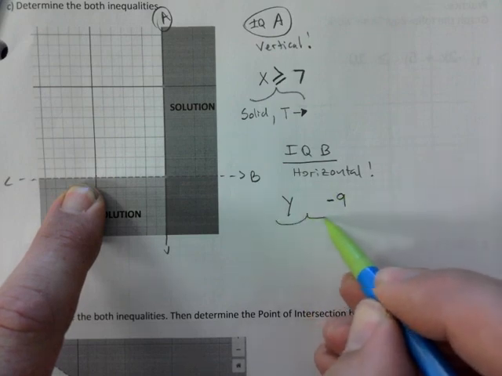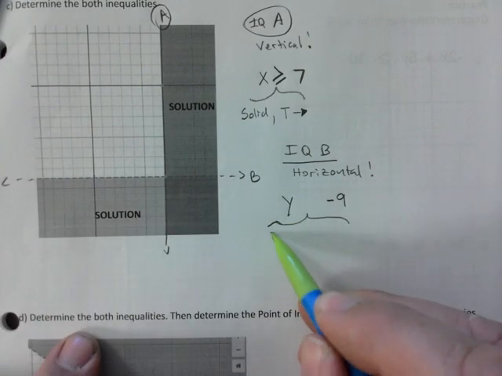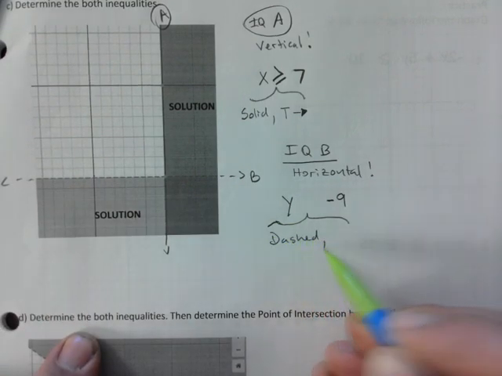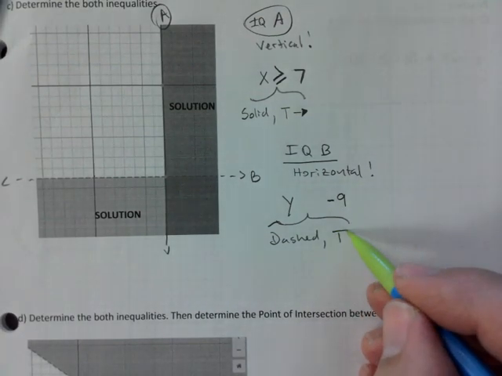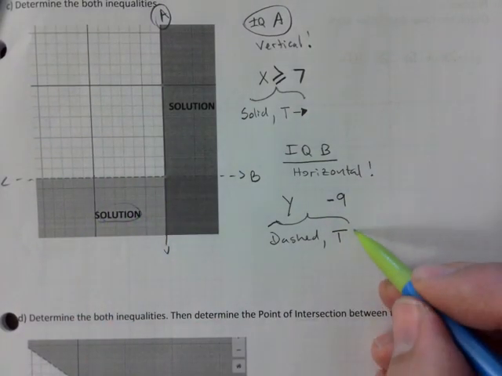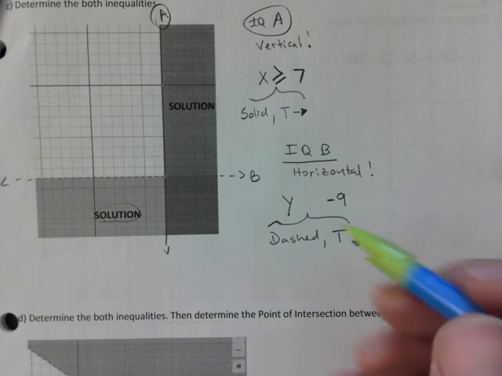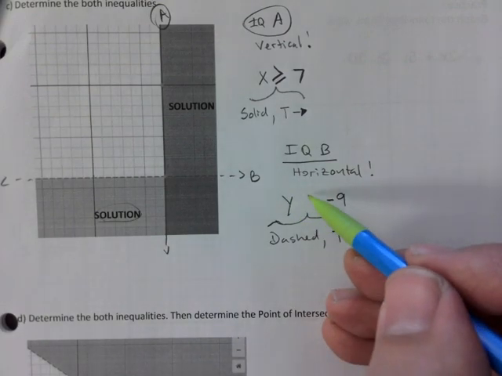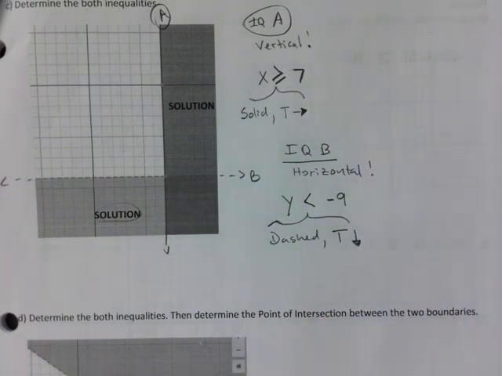And then you ask yourself what goes in there. Okay, well, this one is dashed, so there will be no equal sign. And the true region is, look at the boundary line, it is below the line. So that means that I'm going to have to go y is less than, that's it. You're done. That's your inequality.